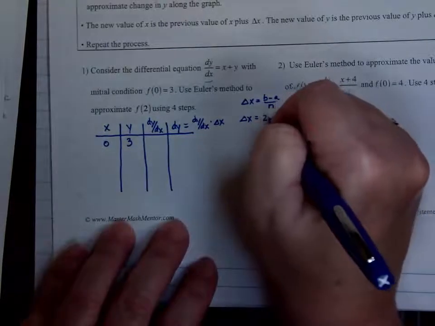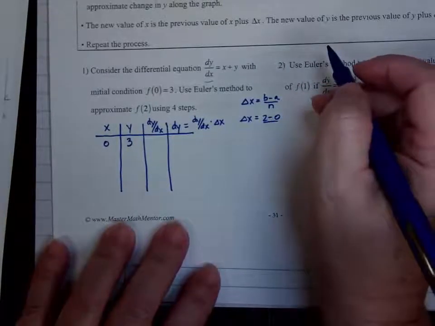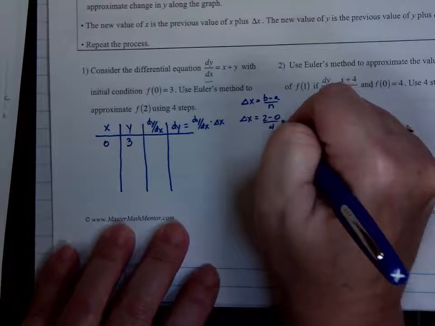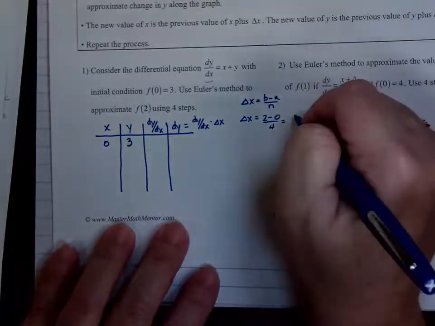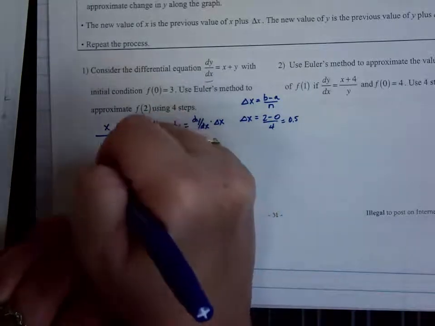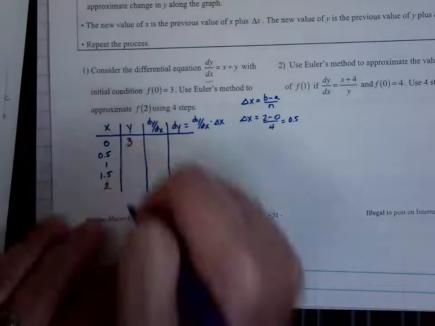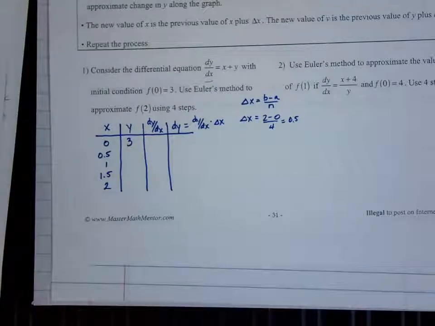So 2 minus 0 over, and how many steps did they say to take? 4. So delta x would be what? 1/2. I'm going to write it as 0.5 because we're going to use a calculator. So your x's should go down the x column every 0.5. So 0 is my first, and then 0.5, 1, 1.5, and 2. Told us to stop at 2.